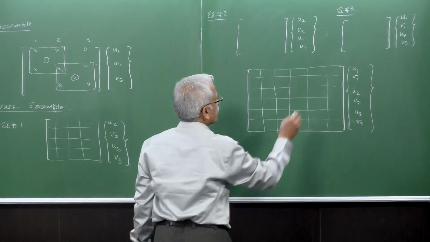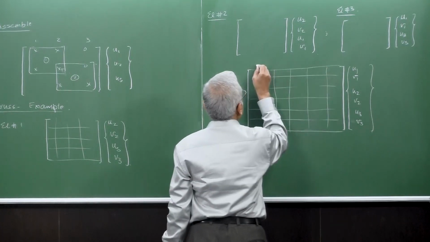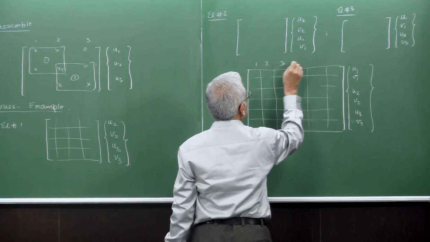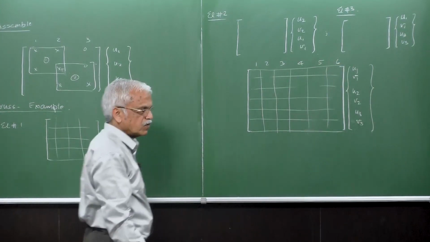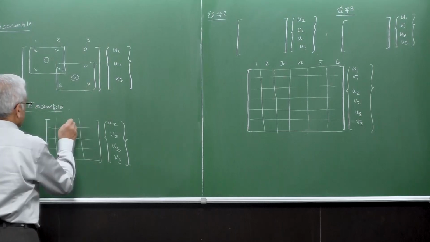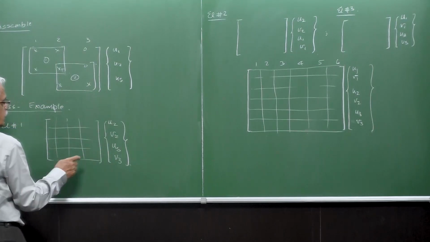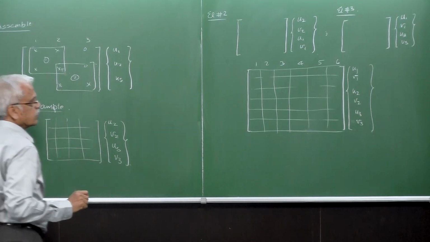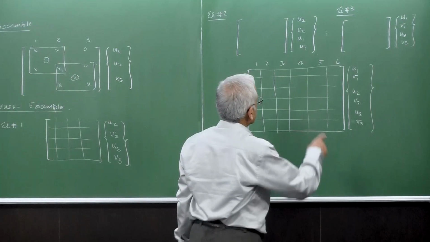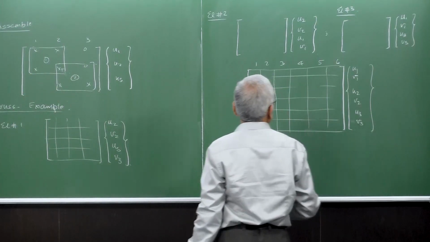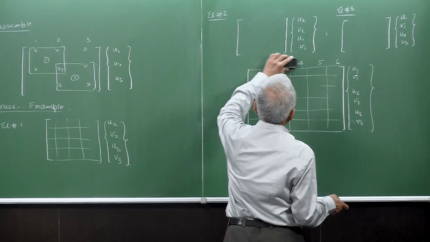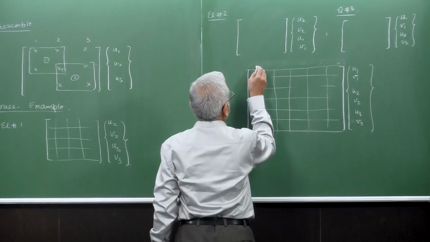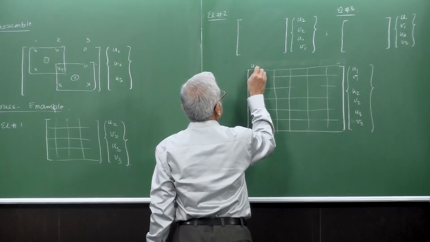This is again 1, 2, 3, 4, 5, and 6. So you have to see here, this is 2 and 3, right? So these are 3 nodes, 6 degrees of freedom. You can either call them 1, 2, 3, 4, 5, 6, or correspond them to U1, V1, and so on.